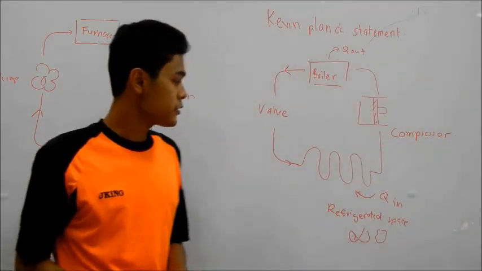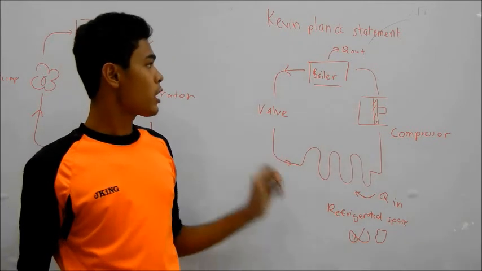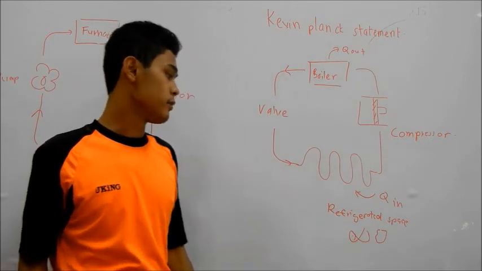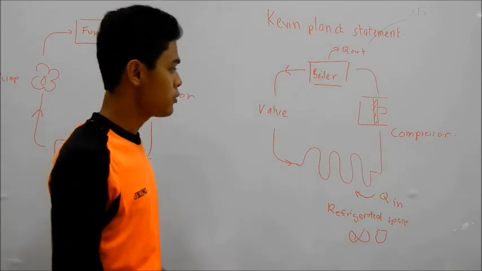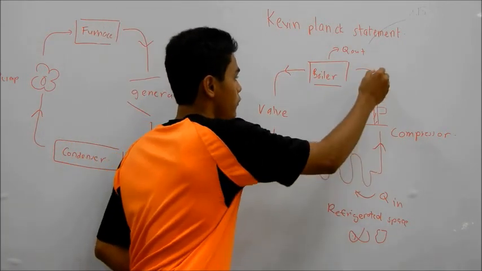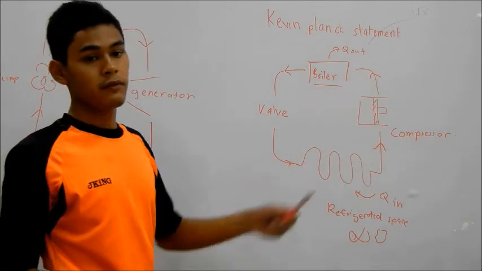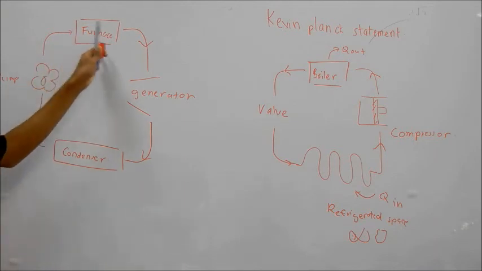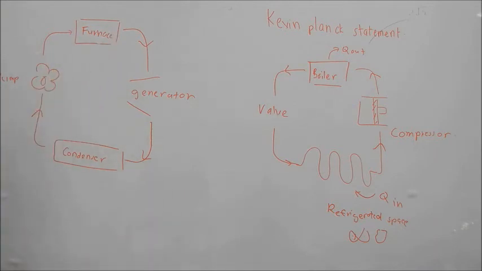Okay, as you can see, this is the diagram of the working principle based on the Kelvin-Planck statement. Note that the arrow of the flow of the cycle is reverse to the flow of the second law of thermodynamics.